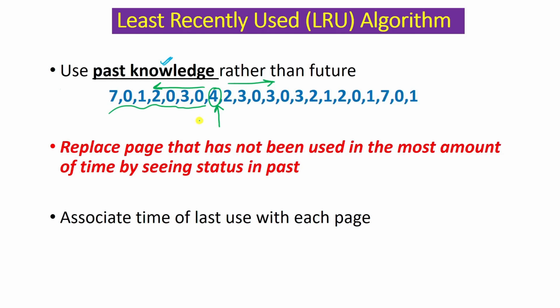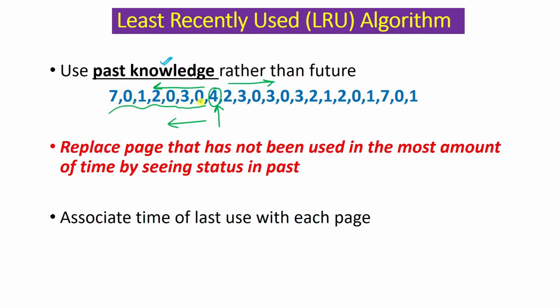So whenever there is a need to replace a page, LRU says look into the past, and replace the page which has not been used recently. That means you go in the backward direction and find the page which was used furthest back in the past. For example, here we have 0, here we have 0, here we have 0.